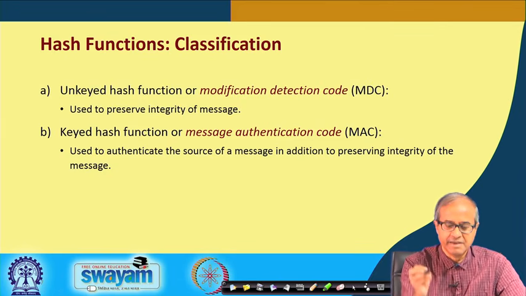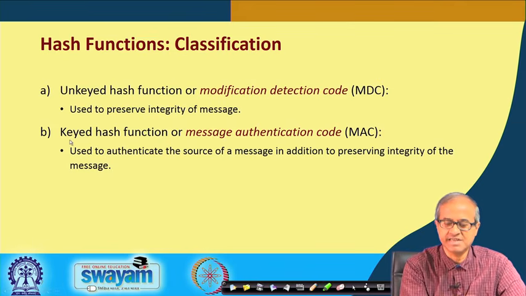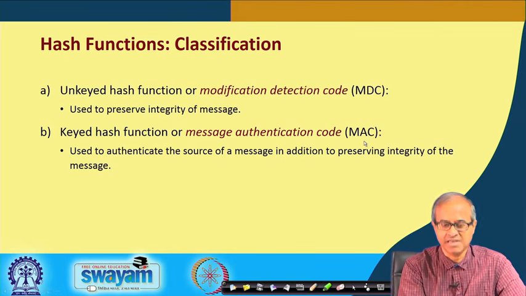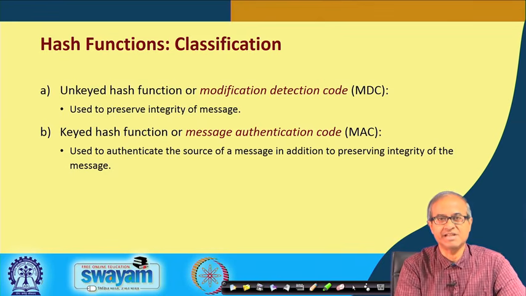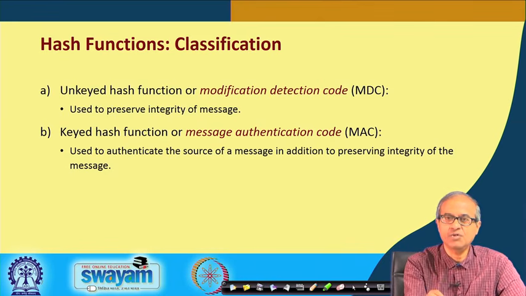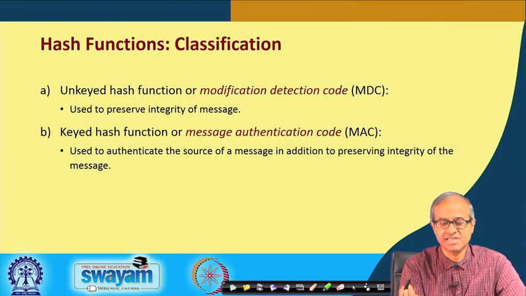The other one uses a secret key, as I just said, with a message authentication code. Here we can preserve the integrity of the message, as well as identify the sender. So, it is the second one which can be used for authentication, but the first one you can use more for verifying the integrity of a message.